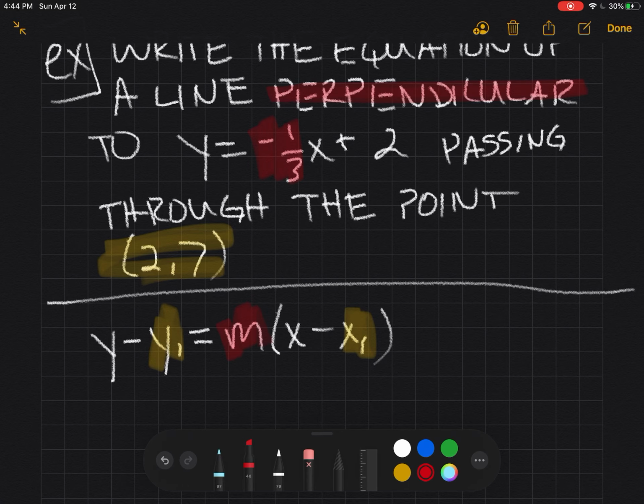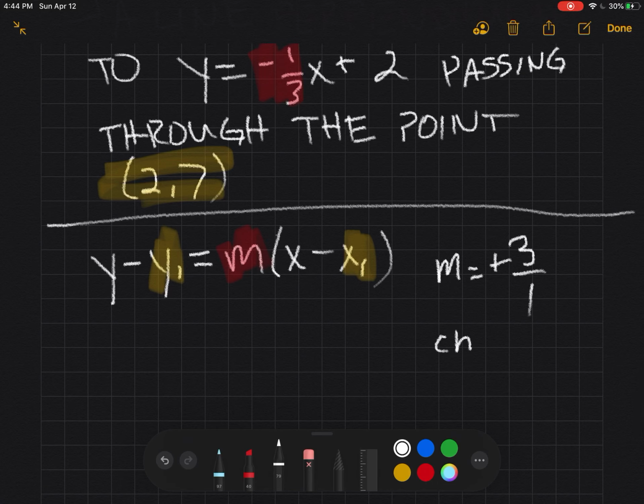The slope of this line is negative 1/3, but we don't want to have the same slope. Same slope would give us a parallel line, and we want a line that's perpendicular. So what we want to do is take the negative reciprocal of negative 1/3. So our m should be the negative reciprocal of negative 1/3.